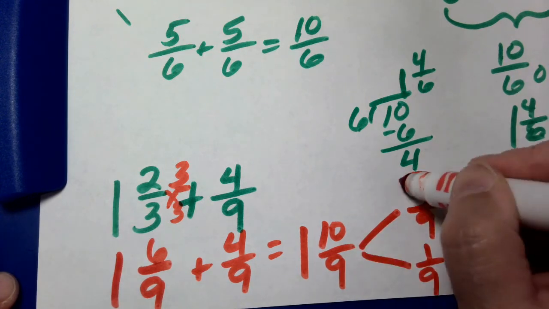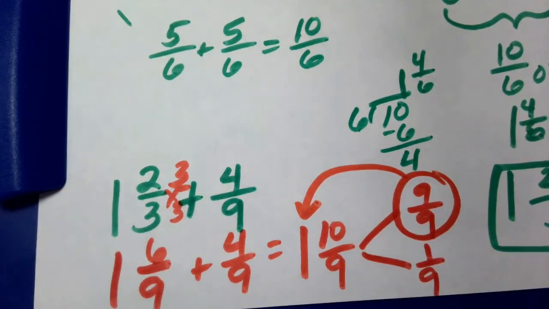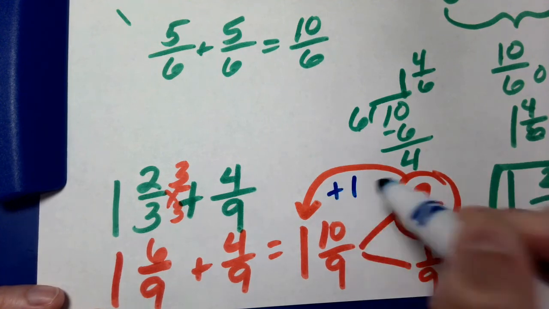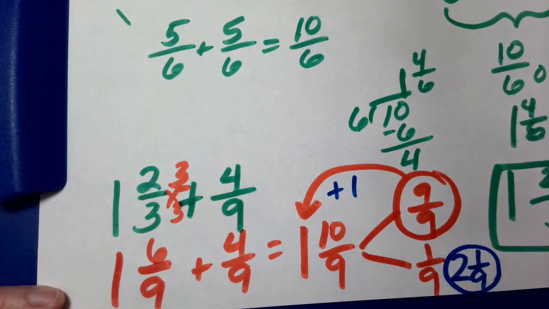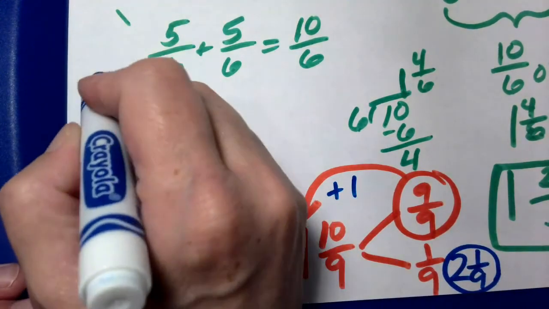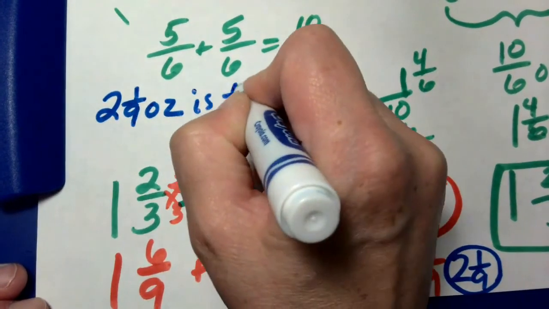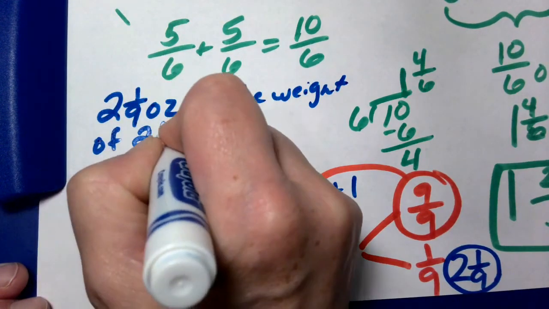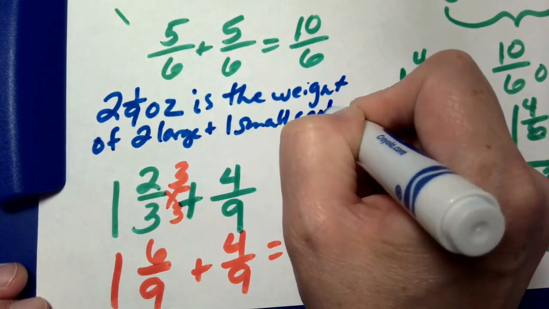So this 9/9 I'm going to regroup and bring over to the whole number and make the whole number one more, so the total answer would be 2 1/9. So over here, 2 1/9 ounce is the weight of 2 large and 1 small cookie.